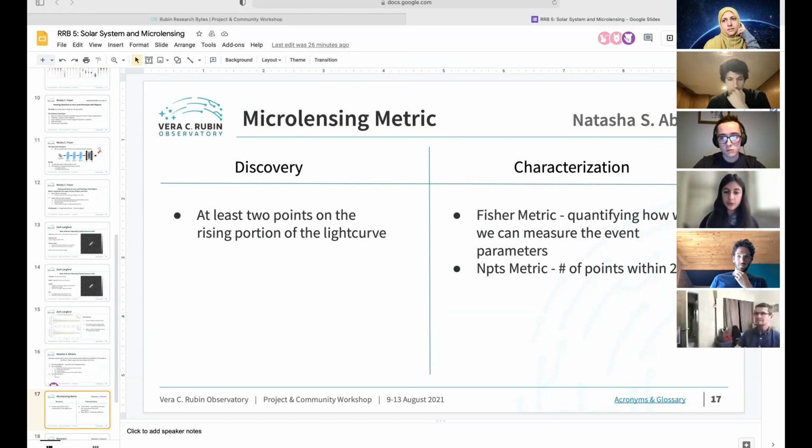There's the Fisher metric, which quantifies how well we can measure the event parameters, and the endpoints metric, which is the number of points within 2tE, or Einstein crossing time, which you can think of like duration. And this is interesting because this way we can see how many events the Rubin Observatory can analyze on its own. Next slide, please.